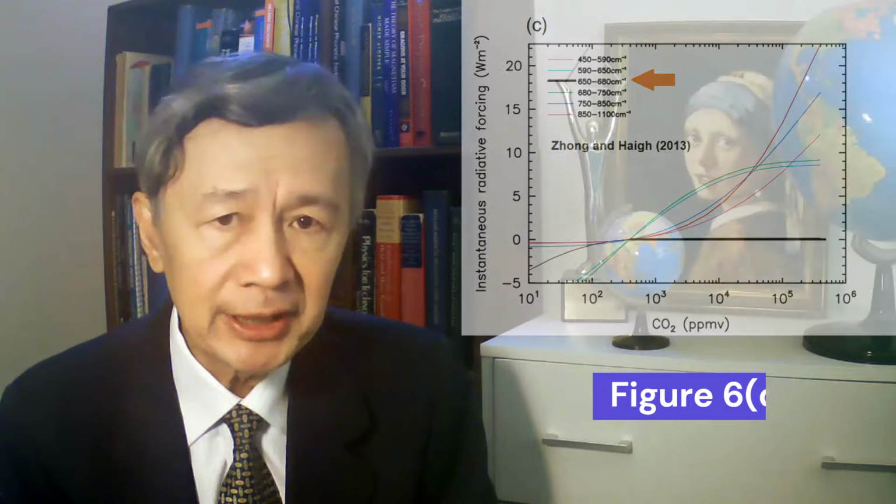According to my calculation, the dark area in this interval is nearly halved from 7.06 down to 4.34 watt per meter square when CO2 increases from 285 to 9,120 ppm, a huge jump of 32 times.